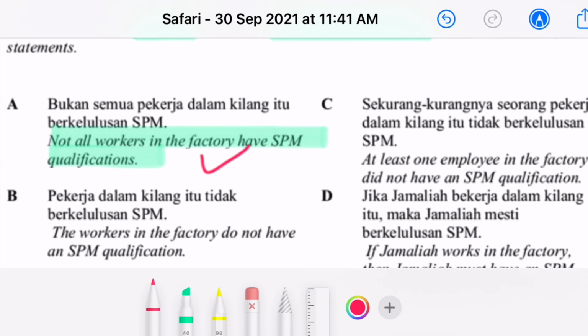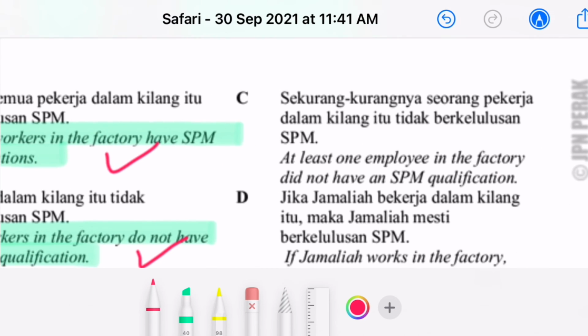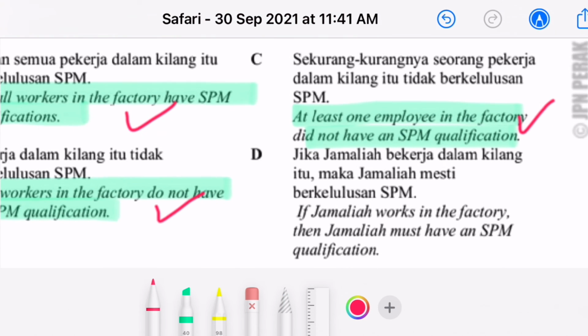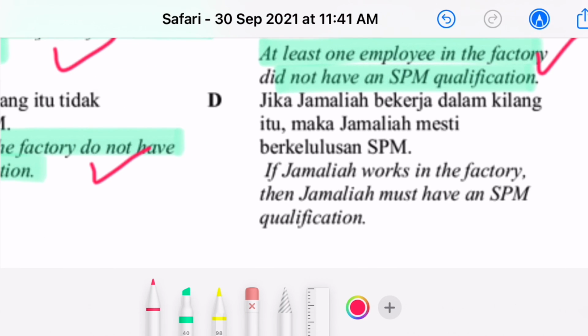That is true. The workers in the factory do not all have an SPM qualification. It's true also. At least one employee in the factory has an SPM qualification. Yes. D, let's see D.